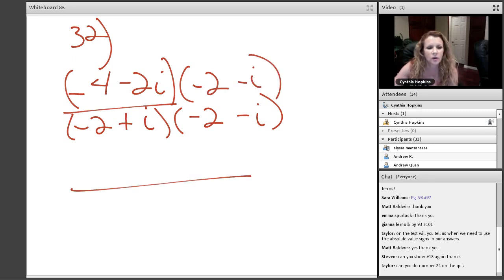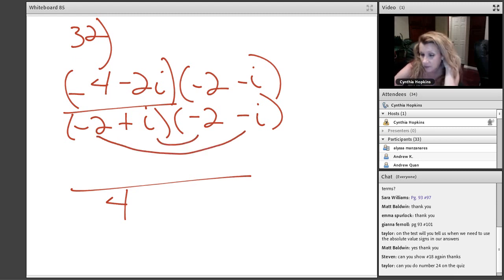I'm going to start with my denominator. My -2 times -2 is +4. Then, because these are conjugates, I know that my outers and inners are going to cancel. But just to convince you, let's look at our signs first. I have a negative times a negative, so that's +2i. And then the inners, -2i.